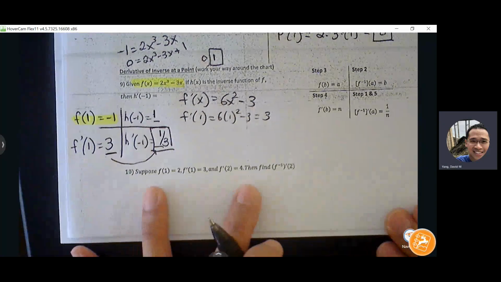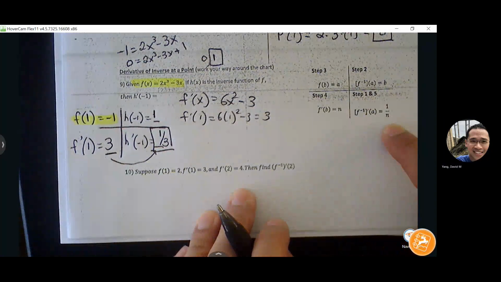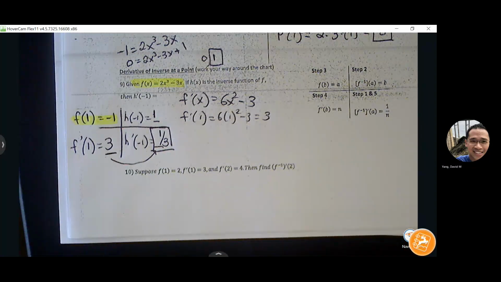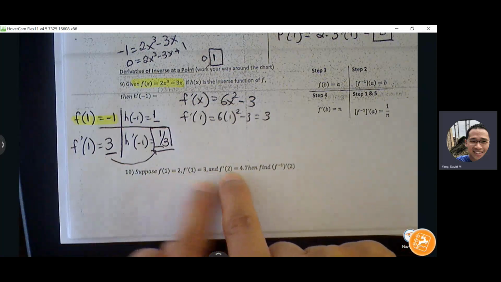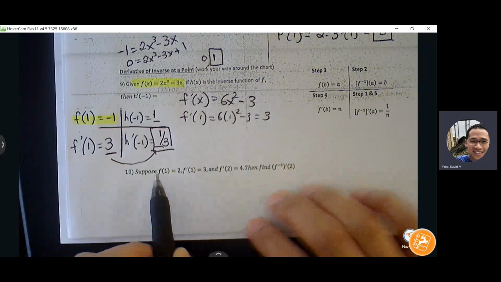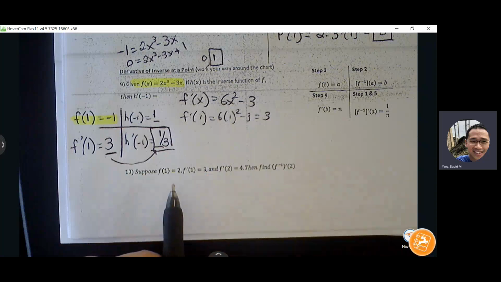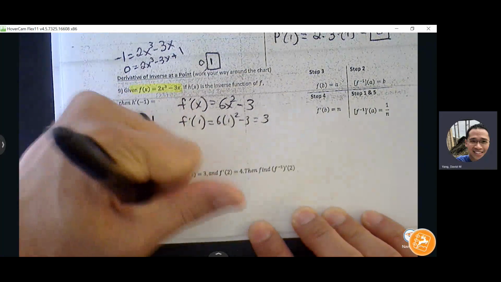Okay. Number 10 is in a sense easier because you just have to work your way around the chart. And sometimes problems may give you some information that you may not need, so see if you can sort through it, right? So just be careful that sometimes they provide you some information that may not be relevant, to see if you can just pull the information that's needed.